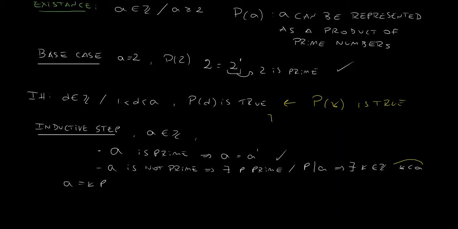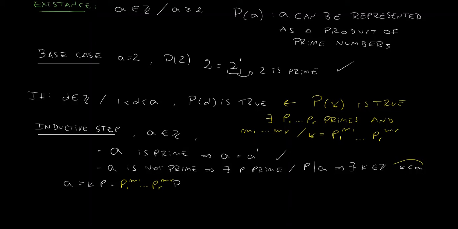So we know there exist prime numbers p1, ..., pr, and natural numbers m1, ..., mr, such that k equals the product of p1 to the power m1 and so on, pr to the power mr. Then a equals k times p, but k is p1 to the power m1 ... pr to the power mr times p.